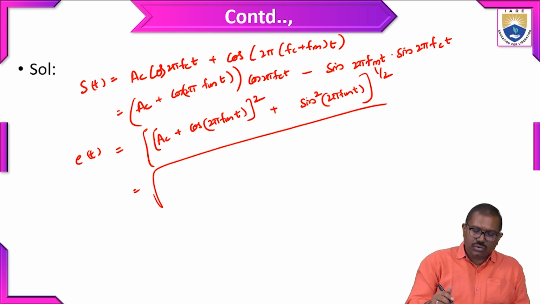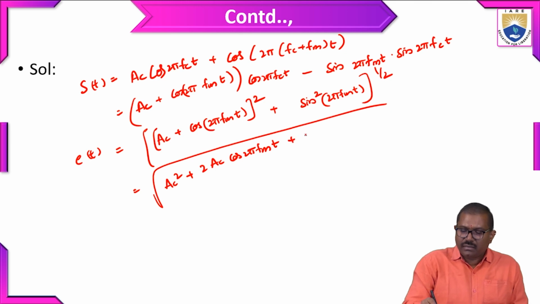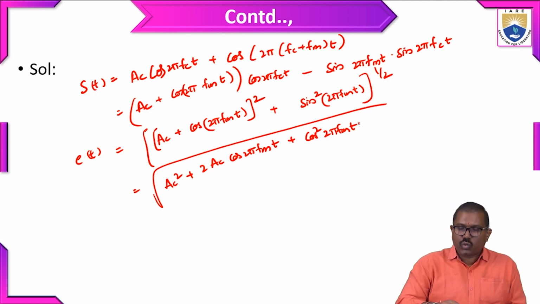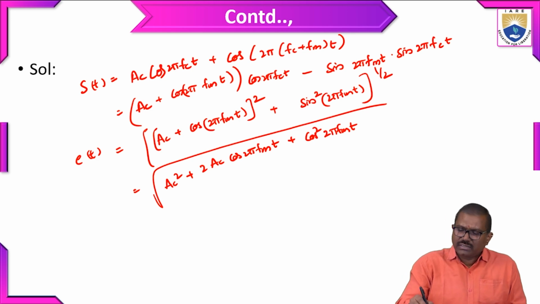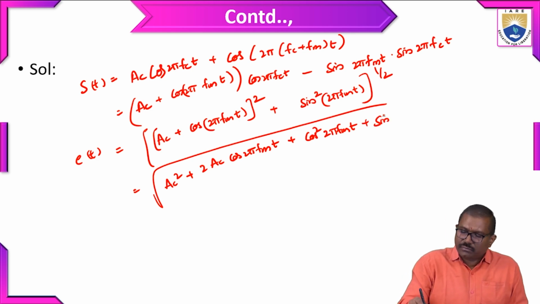So here you can write Ac square plus 2 Ac cos 2 pi Fm t, and again the cos square term, cos square 2 pi Fm t. So A square plus 2AB plus B square, plus the sine square term, sine square 2 pi Fm t.